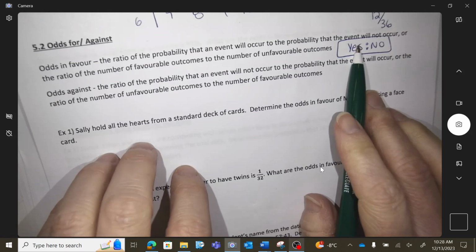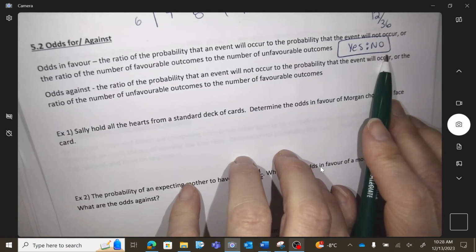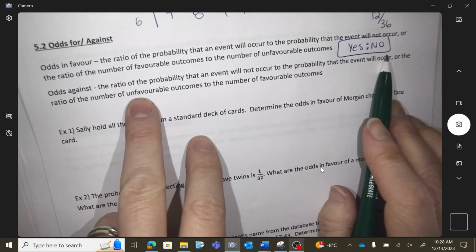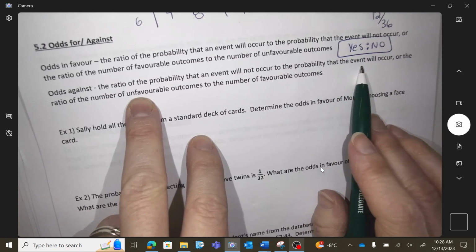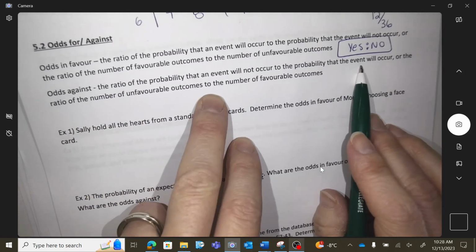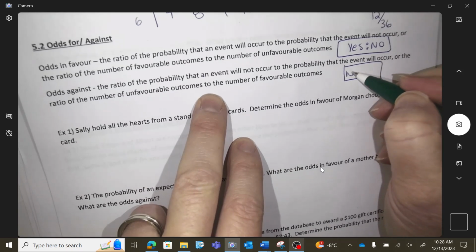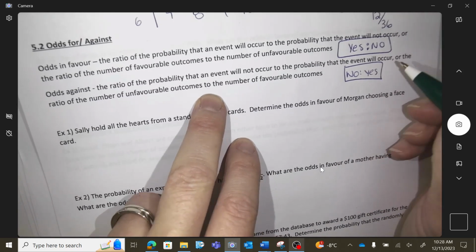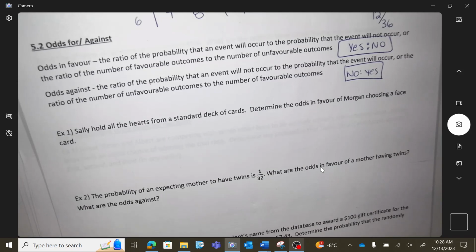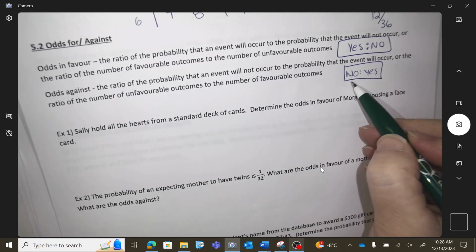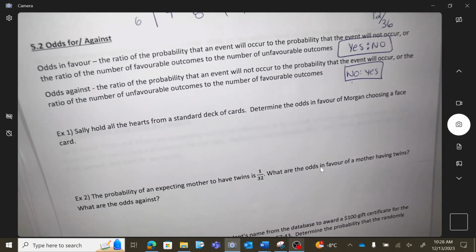Like how many it would to the not. And then the odds against is just the backwards way. So the event not happening to the event occurring.